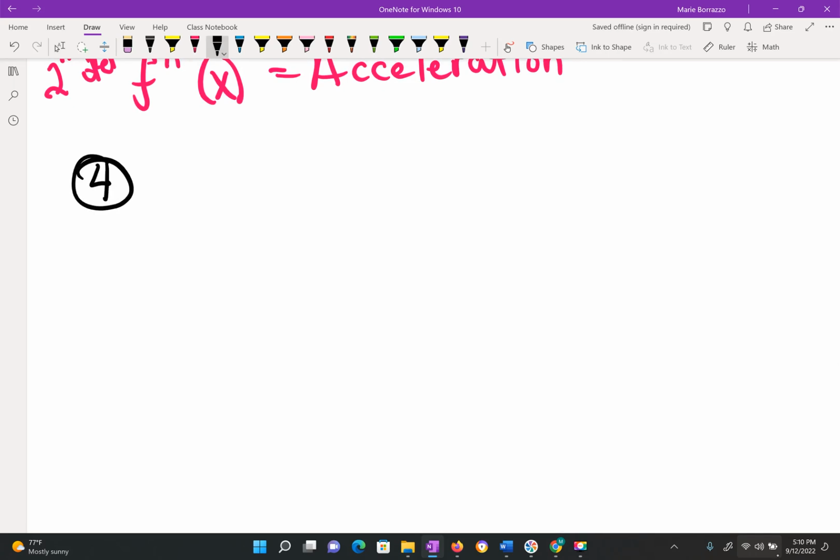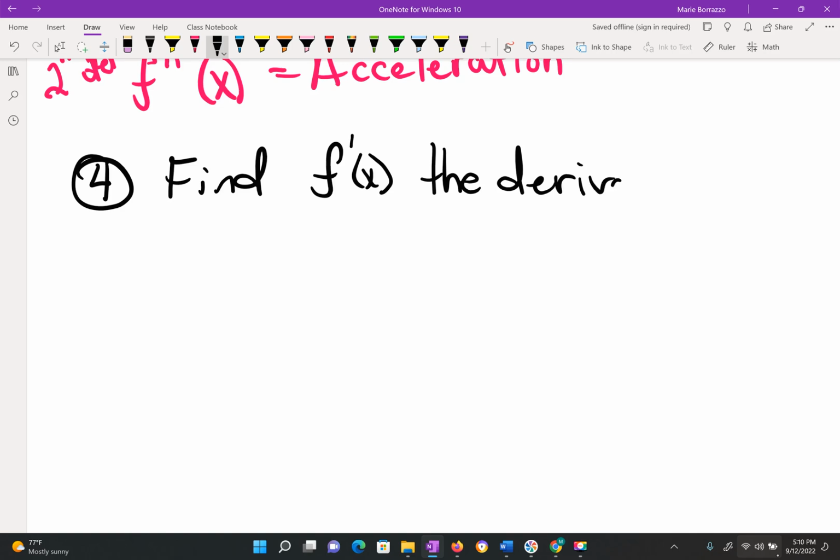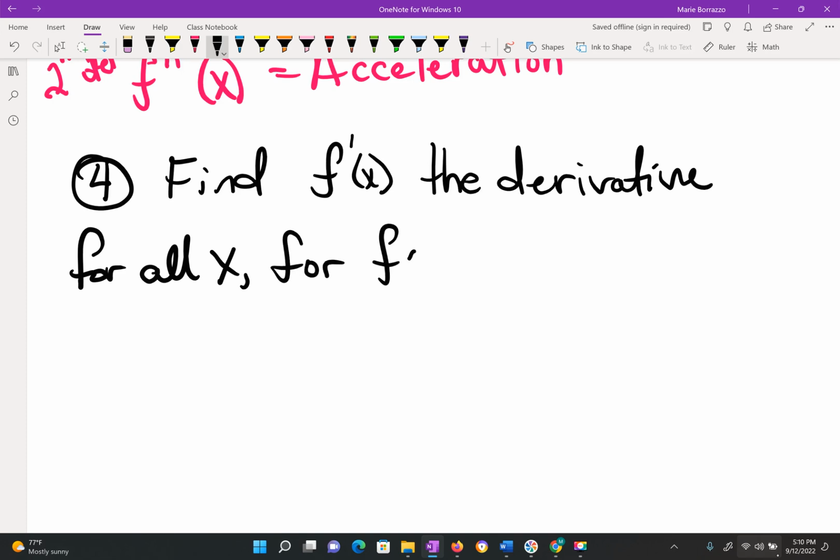So we begin with finding the derivative. Call it example 4 if you wish. We're going to find the first derivative, which is that symbol right there, the derivative for all x for the function f of x equal to 4x minus x squared.